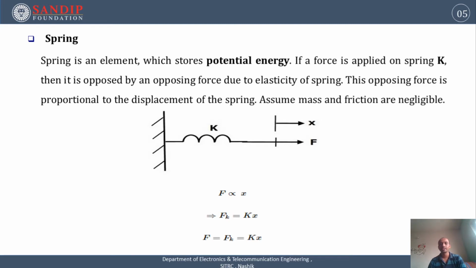Means the spring is displaced by the distance x from its original position. Hence, the force applied is proportional to the distance x. If we obtain this proportionality constant, then F is equal to K into x. Here capital K is the spring constant. Hence, F is equal to K into x, where x is the displacement and K is the proportionality constant of the spring.